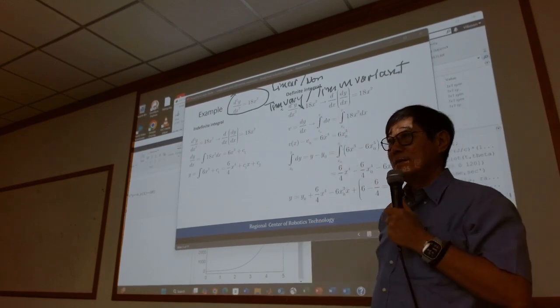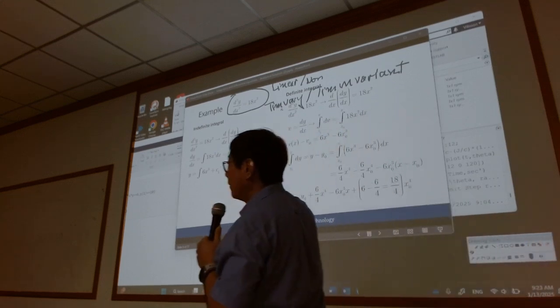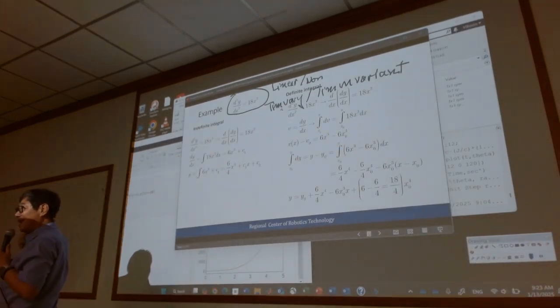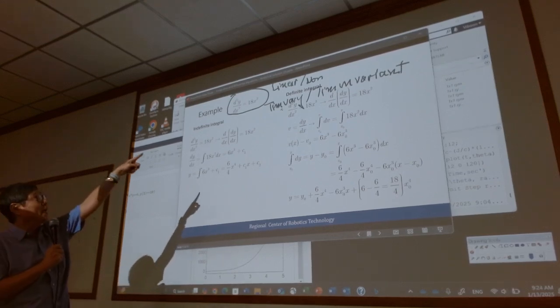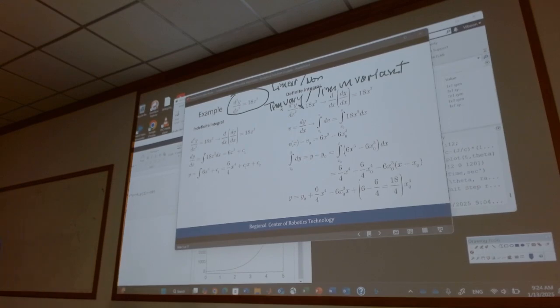Second order, right. Time varying or time invariant, linear or nonlinear? Linear. Answer confidently, it's okay to be wrong. Linear, right? Time invariant or time varying? Invariant, because 18x squared we consider as an input. Right? Actually, this one is not that difficult to solve.